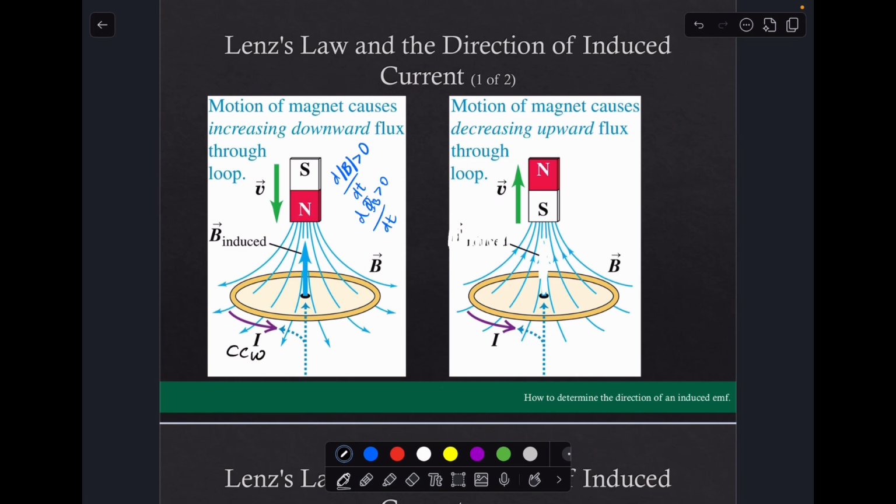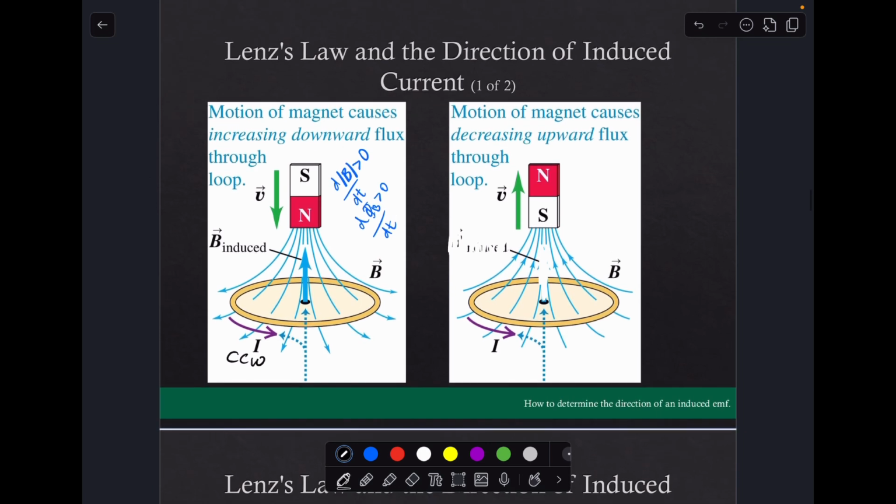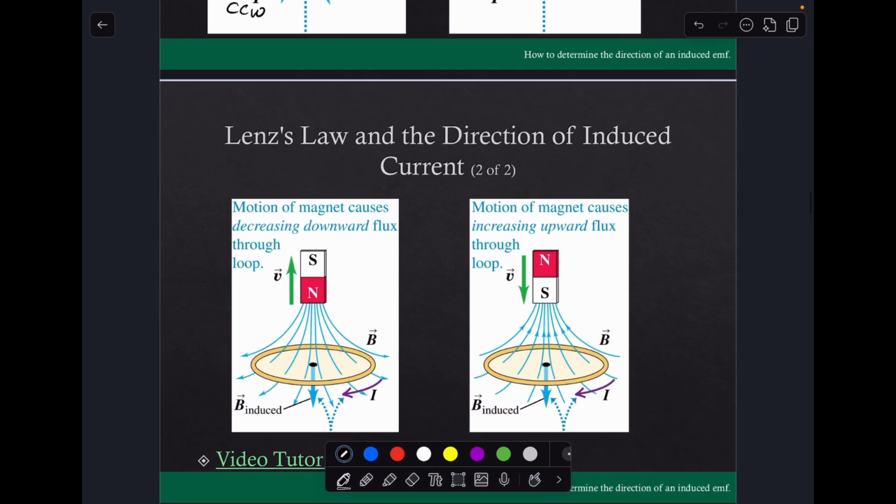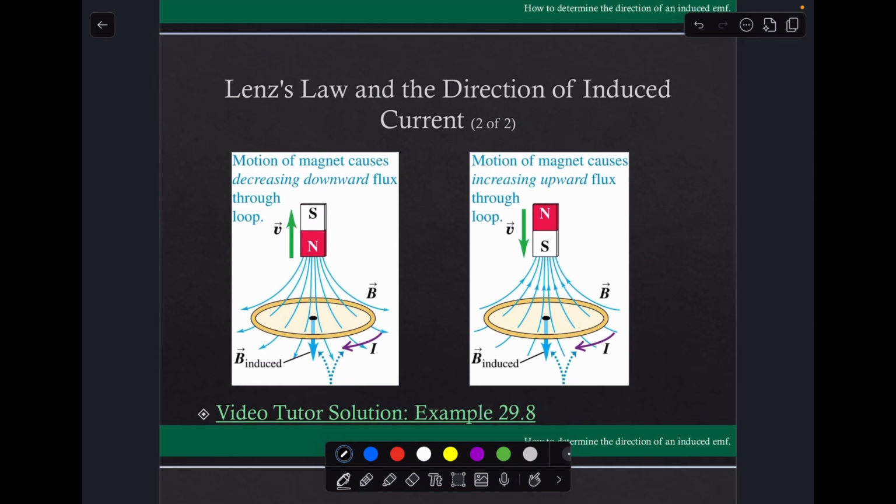So what about this case? Before we do it, because we're flipping two things, the direction of the velocity and the magnet, let's look at the velocity going up with the North Pole pointing down. The North Pole is pointing down, so our B field is still pointing down, but we're pulling the magnet away.